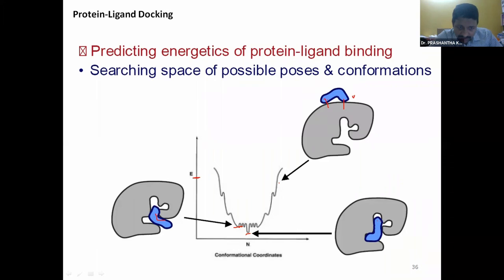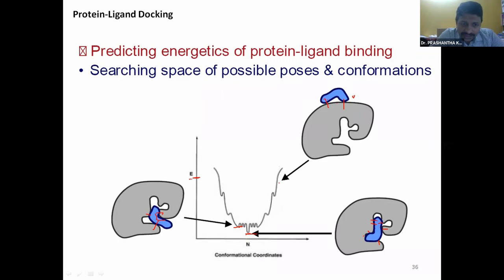Here the complementarity is relatively high as compared to this, but still not as much as here, where the ligand is covering entirely. Maximum complementarity is there between protein and ligand, so that becomes our least energy.